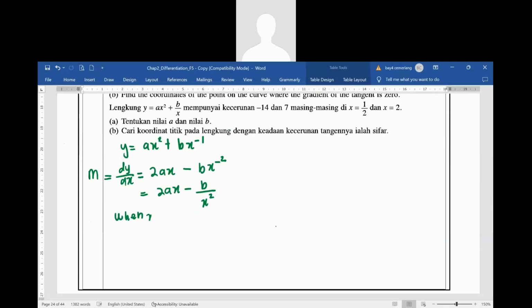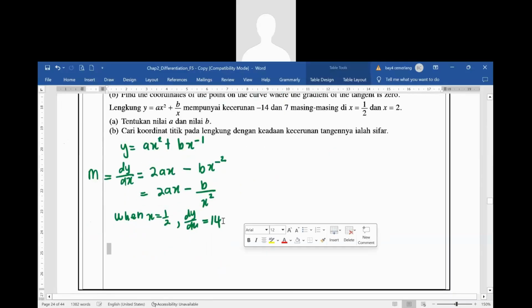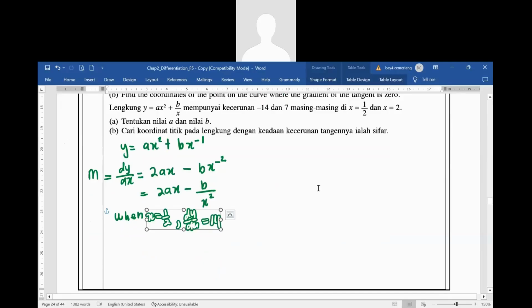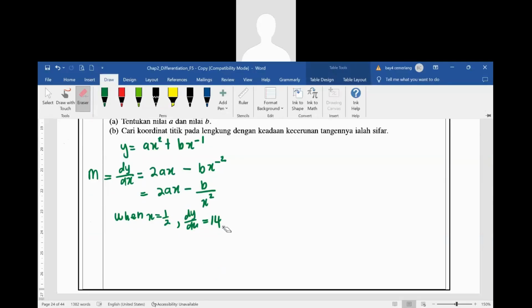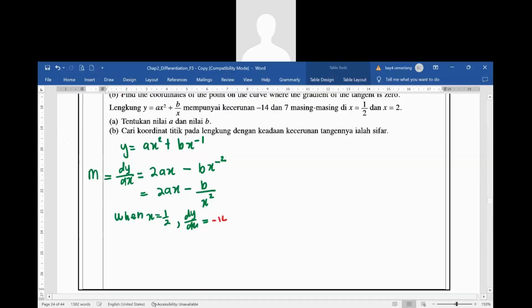When x equals half, your dy/dx is negative 14, sorry. Negative 14. So just substitute into your dy/dx. 2a times half minus b over half squared. And the answer is negative 14.